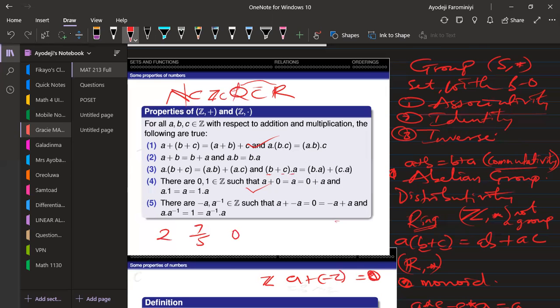There does not exist 0 inverse in R. Therefore, R is not a group under multiplication.